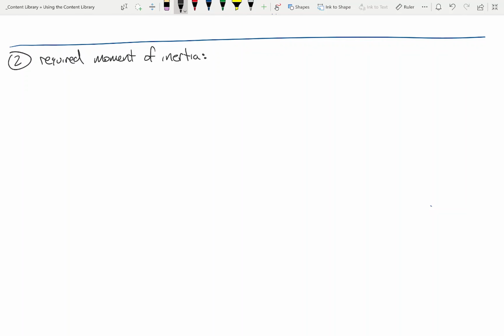All right, so just to recap some of our parameters, we know that. And what is E again? Okay. So what we're going to do is look at our limit, which for this problem was L over what? 360.